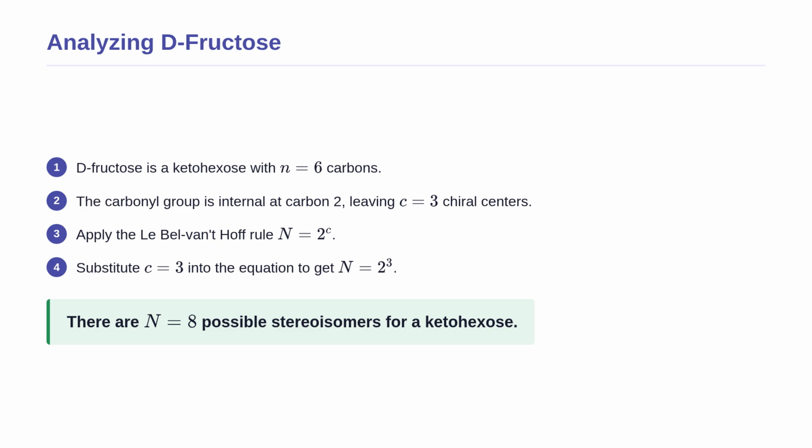We again use the formula n equals 2 to the power of c. Substituting 3 for c, we calculate 2 to the 3rd power. The final answer is 8. Physically, this tells us that simply moving the carbonyl group from the end to the middle cuts the number of possible three-dimensional arrangements in half, from 16 down to 8.